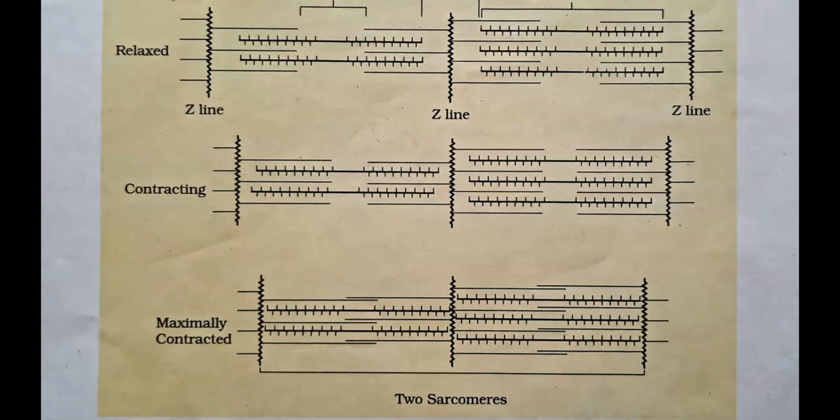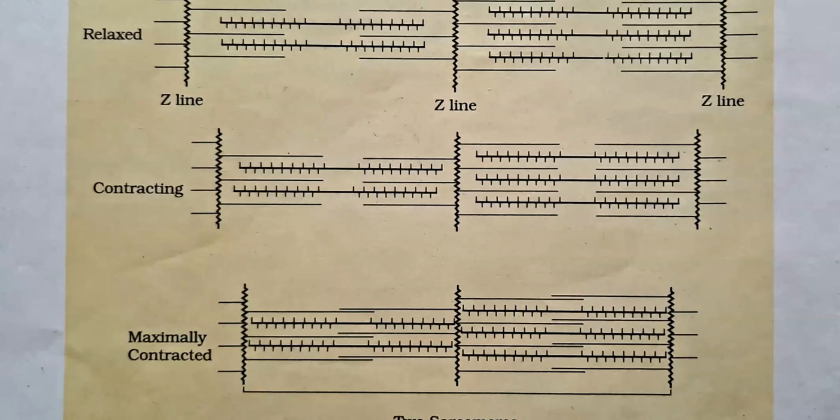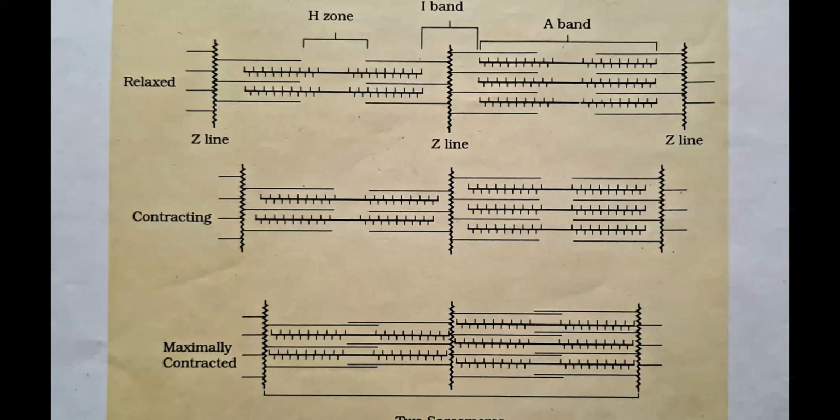After reaching this position, the muscle is fully contracted. If relaxation is to happen, the calcium is to be pumped back into the SR, the cistern of the sarcoplasmic reticulum.